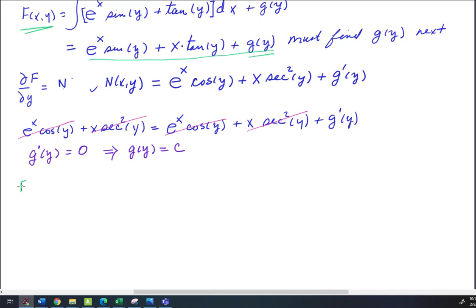So finally I can write f of xy is equal to e to the x sine y plus x tan y plus g of y. G of y is just a constant, so plus a constant c. And what have we done? We found f of xy. So we've solved the problem.